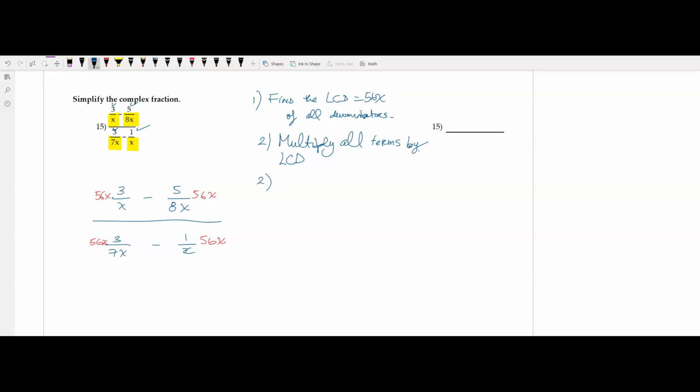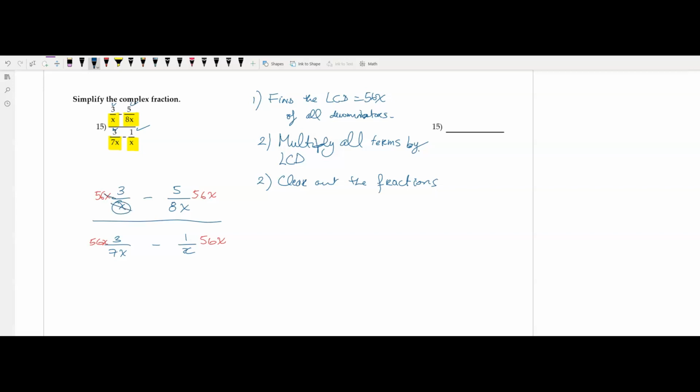Now, clear out the fractions, meaning I want to get rid of the denominator. That's what I want to do. How do I do that? I use the LCD, whatever I multiply all the terms by, the 56x, and divide it by x, or whatever is that denominator. So here, this x over x cancels out.